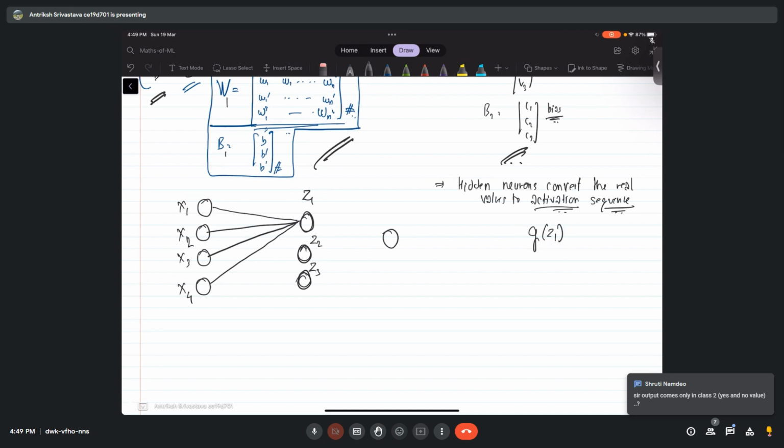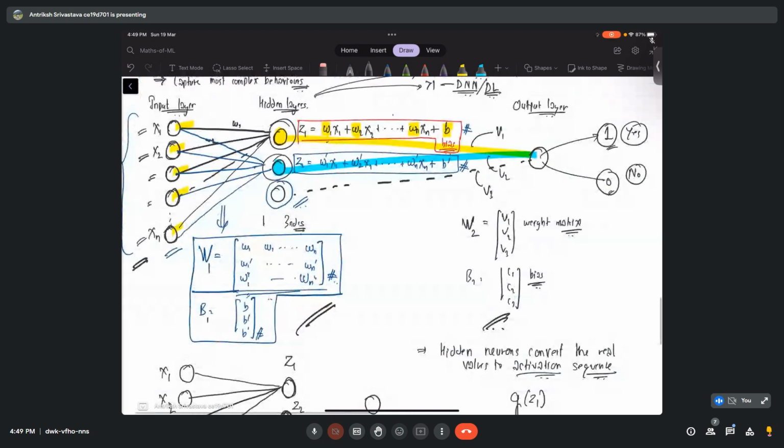Sir, output comes only in class 2, yes or no values. So you can train your... So if you want to ask it more clearly, Shruti, you can unmute and ask because I don't understand this question very clearly.